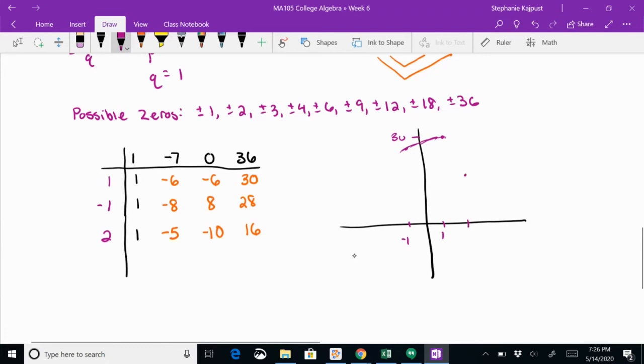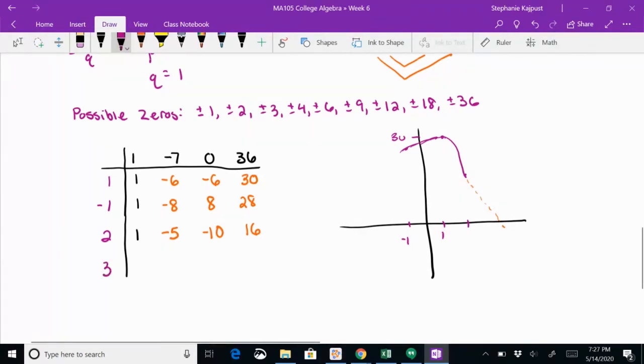But then I basically became half the size right there at 2 because my output was 16. So I'm looking at where this is going. I think if I pick a number like 3 or 4, I'm going to get closer to 0 because if I follow the trend here, it looks like it's going to keep going down. So that's how I sort of decide what numbers I'm going to pick when I'm checking these possible zeros.